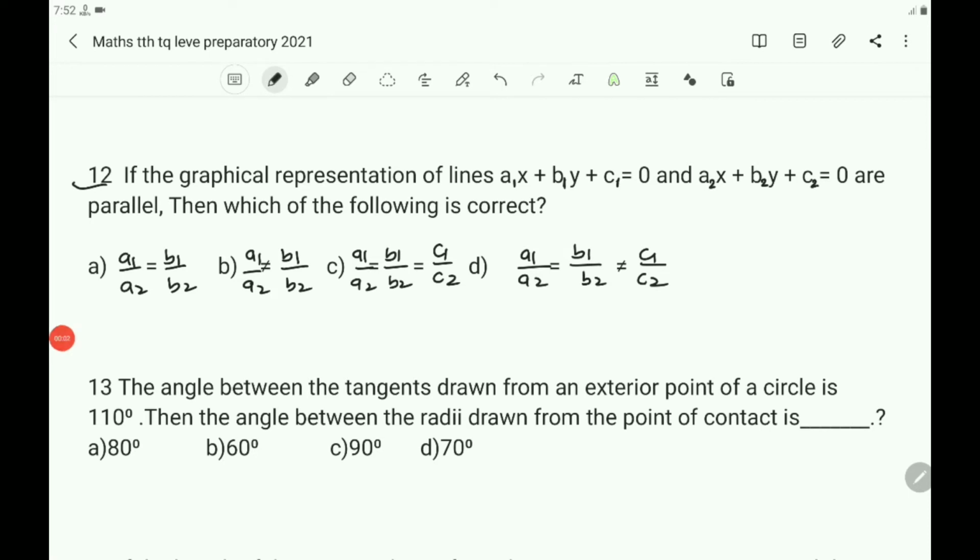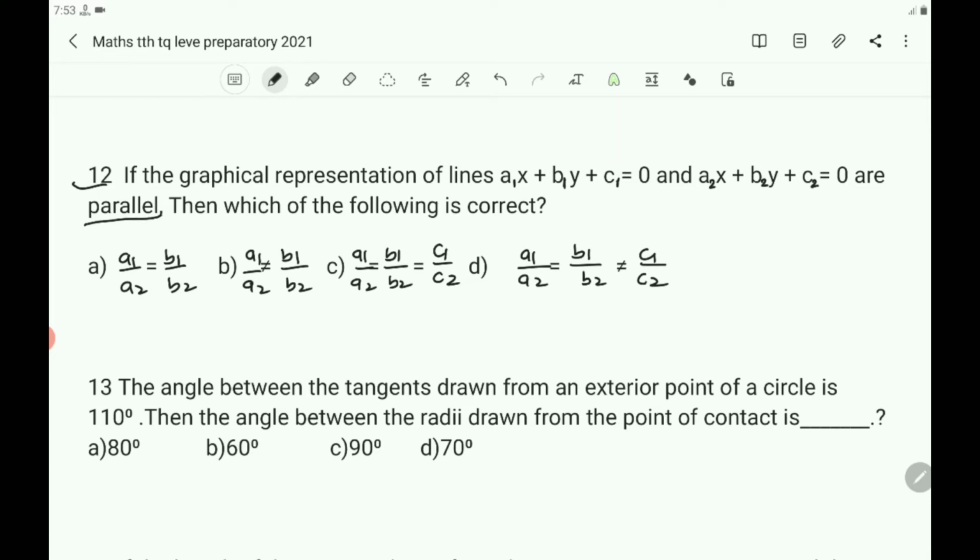Now take the 12th question. If the graphical representation of lines a1x plus b1y plus c1 equals 0 and a2x plus b2y plus c2 equals 0 are parallel, then which of the following is correct? If the graphical representation of a pair of linear equations is parallel, you know that they have no solution.